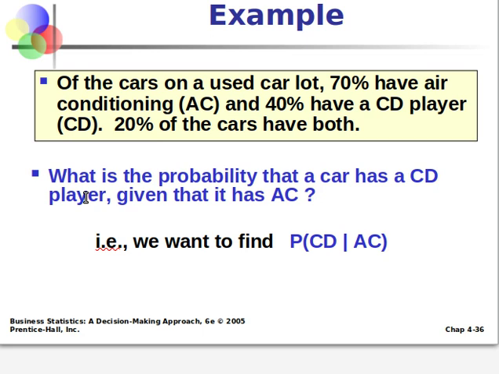So the question is, what is the probability that a car has a CD player given that it has an air conditioning? That is, we want to find the probability of a car having a CD given that it has an air conditioning.